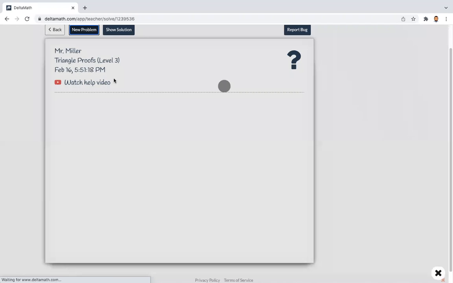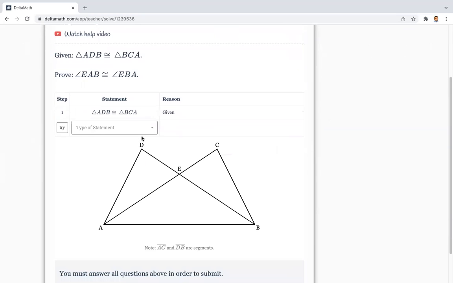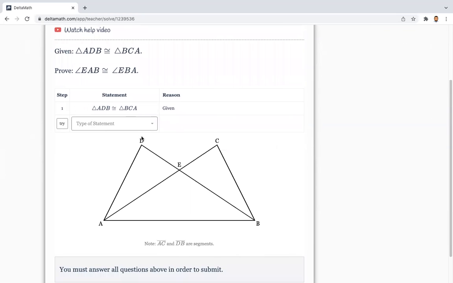So let's go to our proof. Given triangle ADB is congruent to triangle BCA, prove angle EAB is congruent to EBA. All right, so we want to prove EAB to EBA. So that is my goal, which I'm marking there. We know that the triangles ADB, so those two big triangles, are congruent.